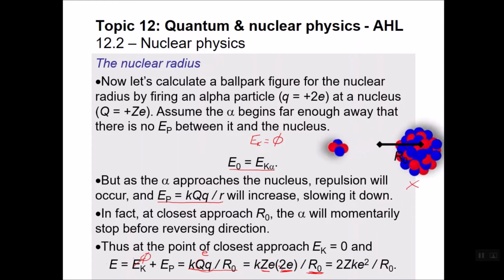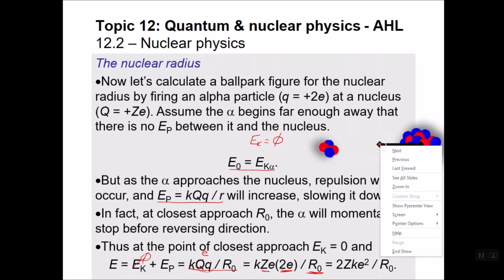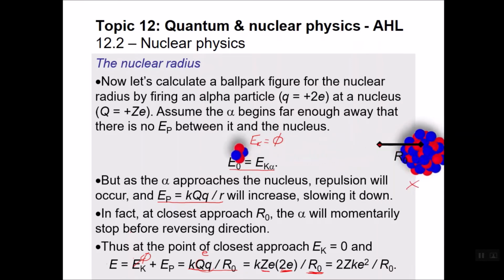And so when we look at this, we end up with the energy that this is experiencing right there is 2Z times ke squared over r naught. Okay. All right. So what do we do with that?